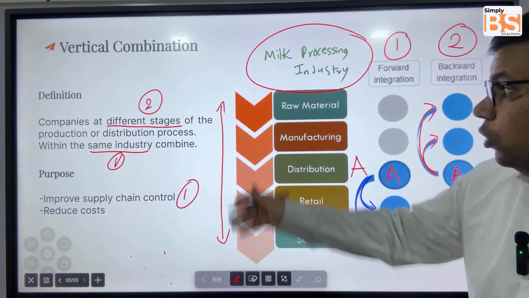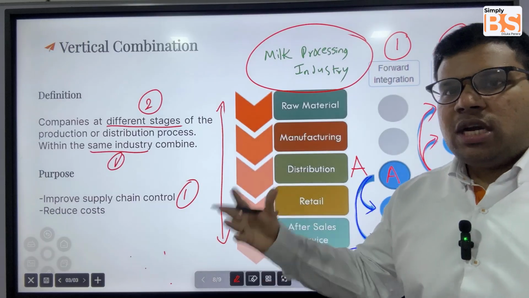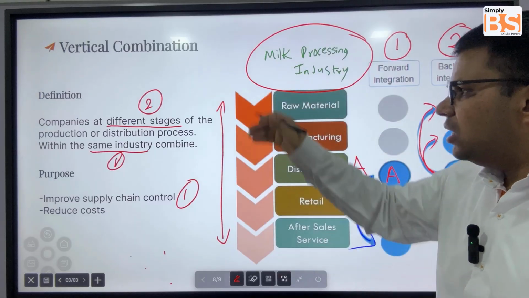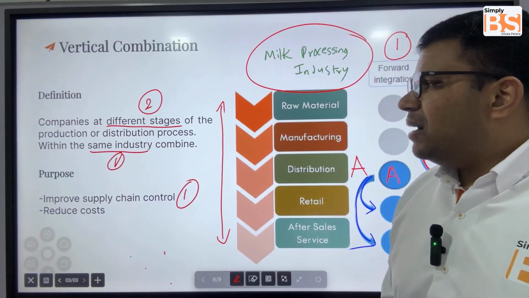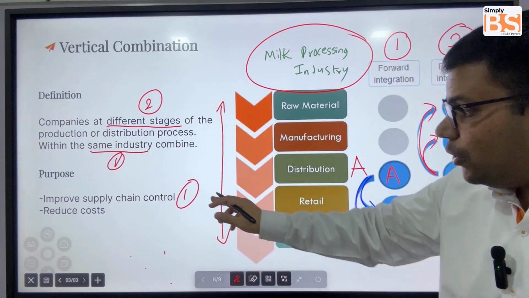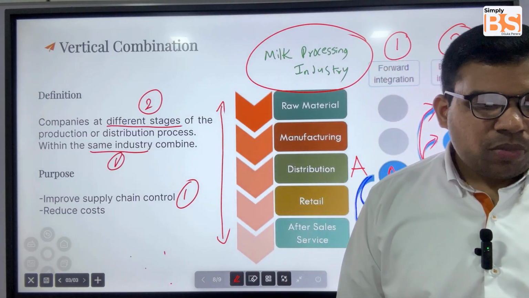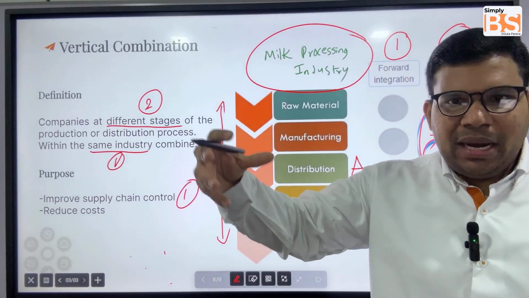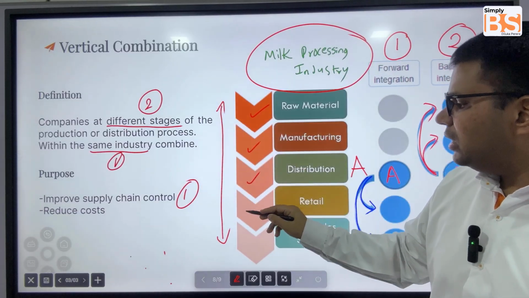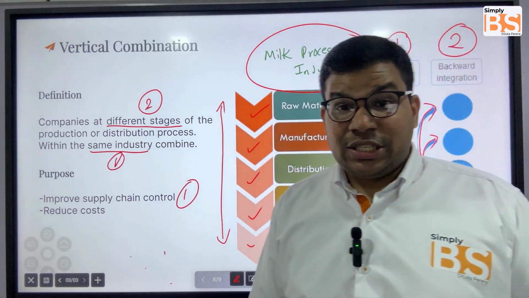As a result of a vertical combination, a merger or an acquisition between companies at different stages of the production and distribution process or the supply chain process, there will be more improvements in supply chain control, because the combination occurs between companies at different stages.